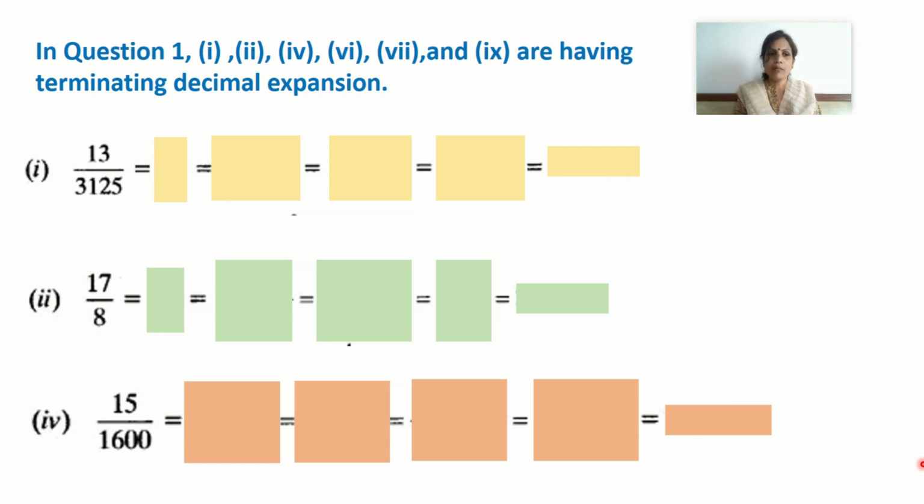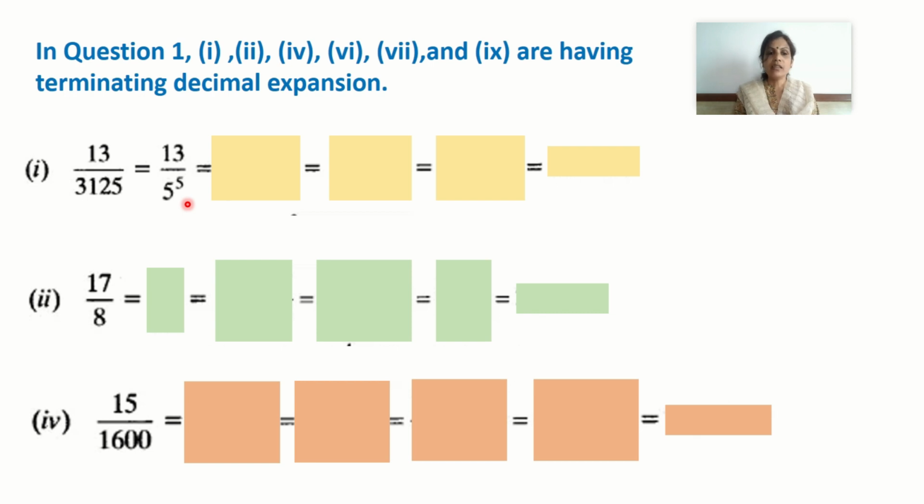So the first number is 13 upon 3125, which we have written in the form 13 upon 5 raised to 5. Now when you have to write the decimal expansion, we have to put the decimal point somewhere. It will be very easy if in the denominator you have the term in the form of 10 and its power. So how can we write 5 raised to 5 in terms of 10?